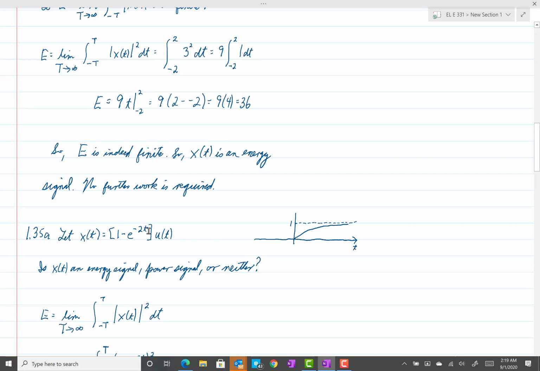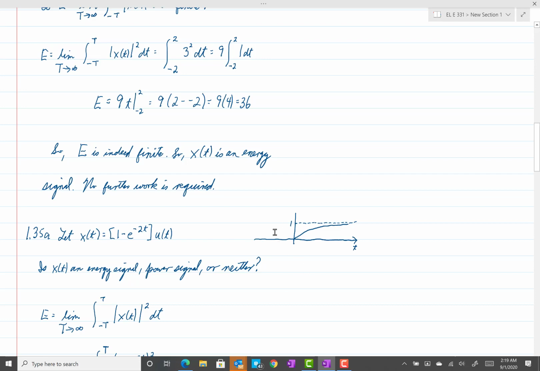And then as t gets bigger and bigger, e to the minus 2t gets smaller and smaller. And so we asymptotically approach a value of 1.